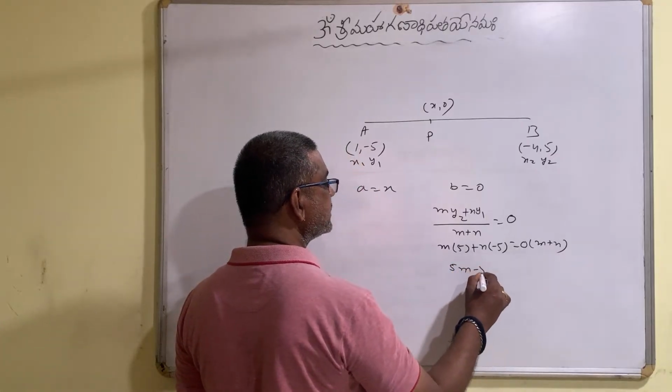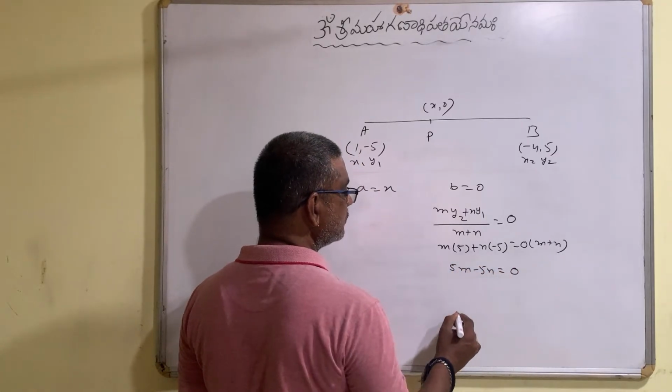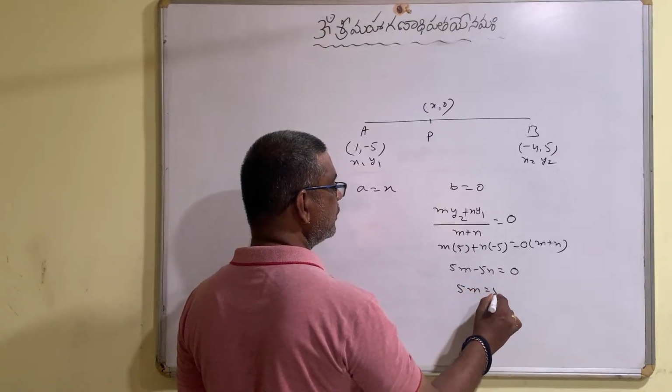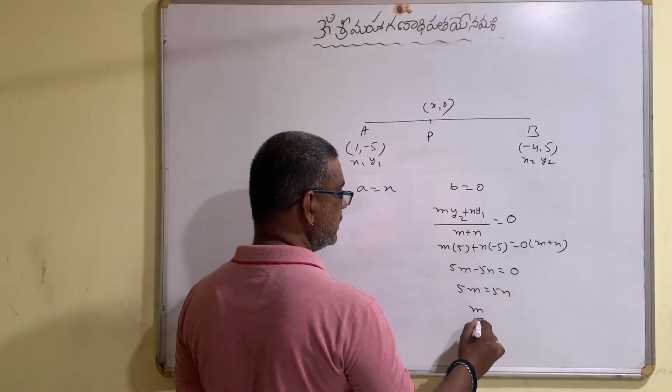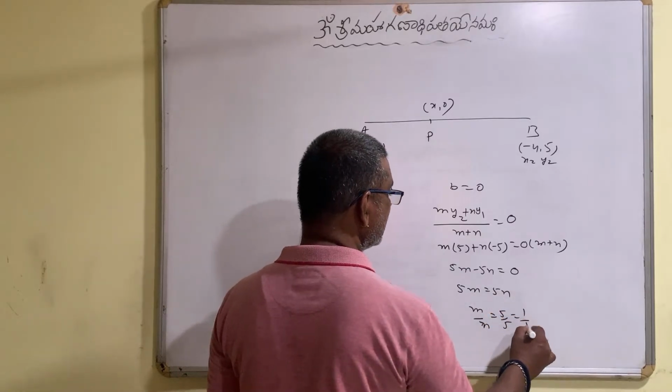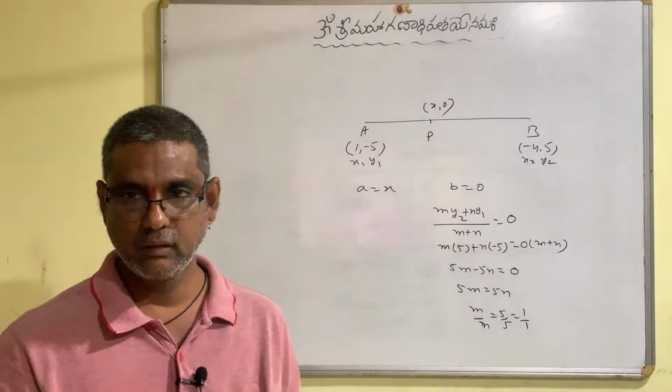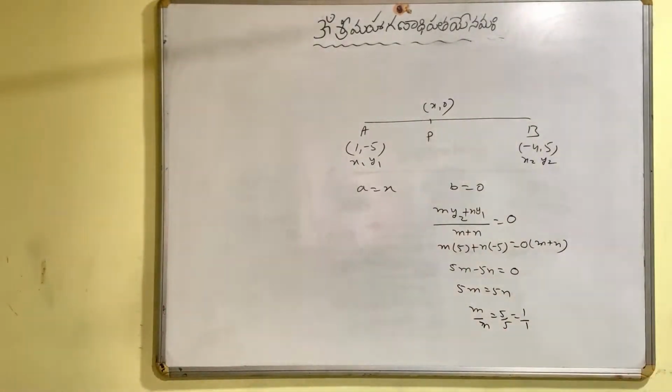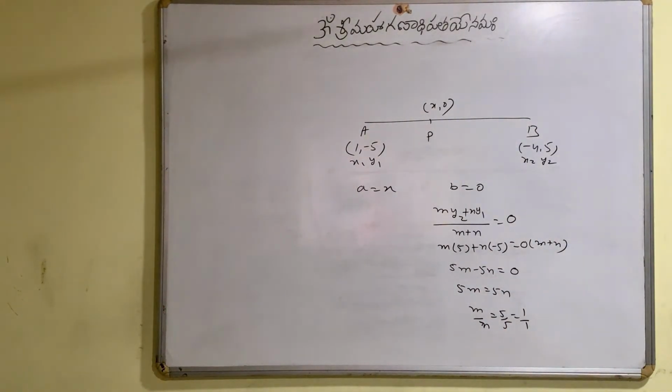So 5m minus 5n equals 0. 5m is equal to 5n. m by n is 5 by 5, that means 1 by 1. The ratio is 1:1.